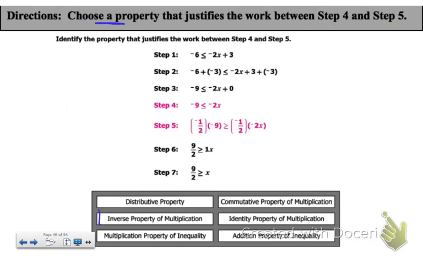So inverse property of multiplication, because negative 2 times negative 1/2 will give us positive 1. So remember, inverse is where you end up with 1 for multiplication and 0 for addition. Identity is where you're multiplying by 1 or multiplying by 0.